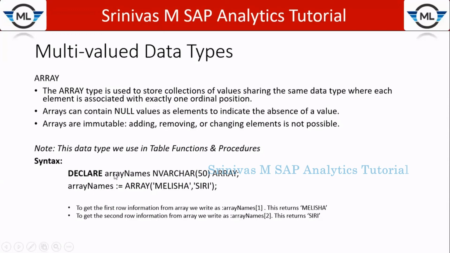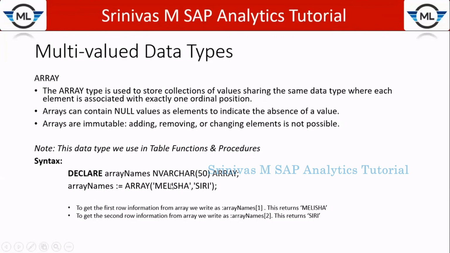But if you want to store multiple values in the same variable, you need to define it as an array. Here I try to store multiple strings, Militia and Siri. These are two different names. I want to store two different names in one particular variable, so I need to define that variable as of type array.